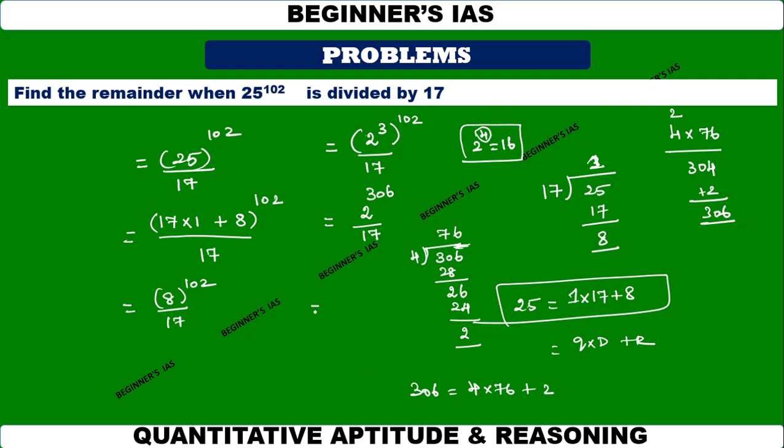Now I am splitting this power 306 as 2 power 4 into 76 plus 2, divisible by 17.